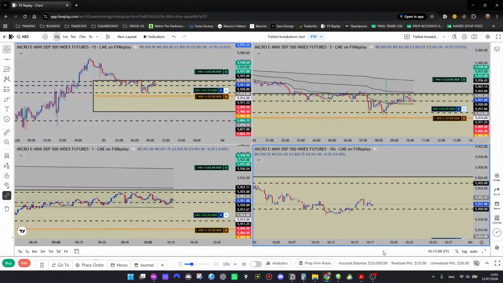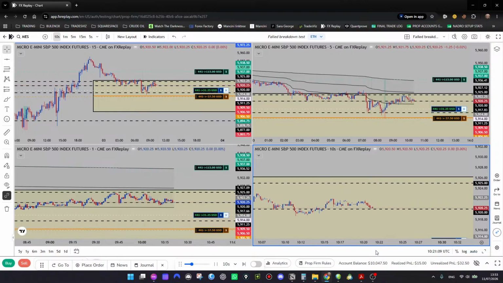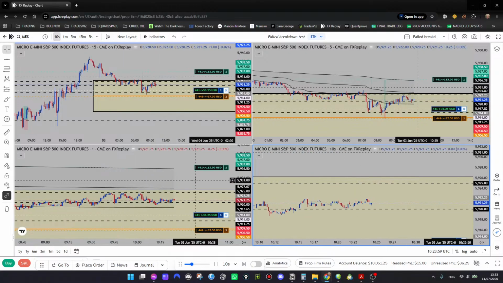See how much time it takes to actually break the previous day high and the VWAP. Let's see.